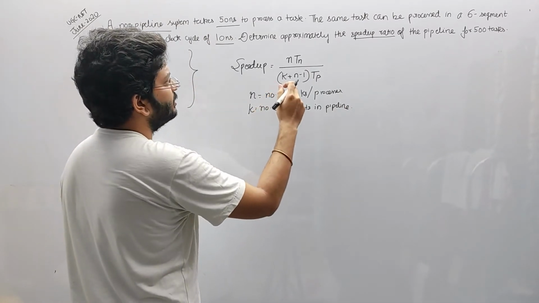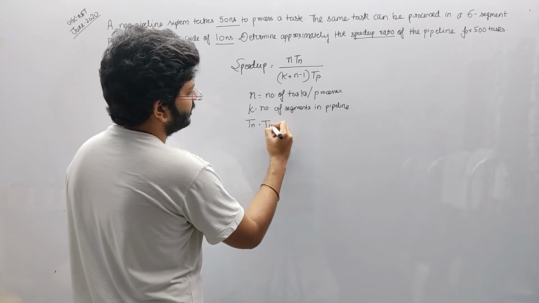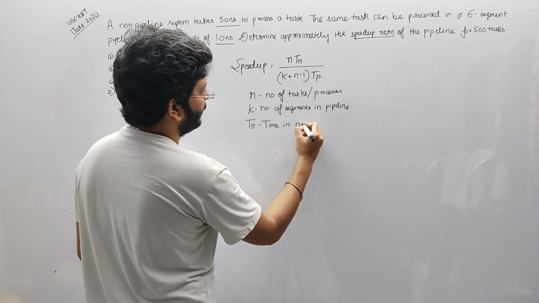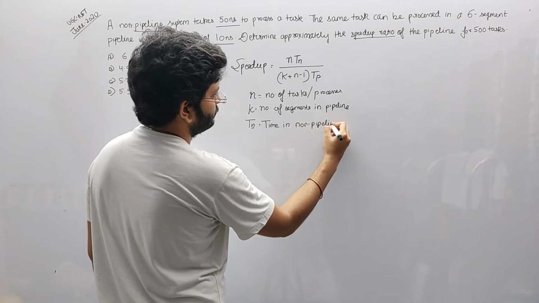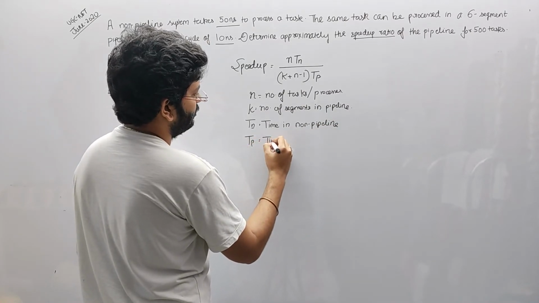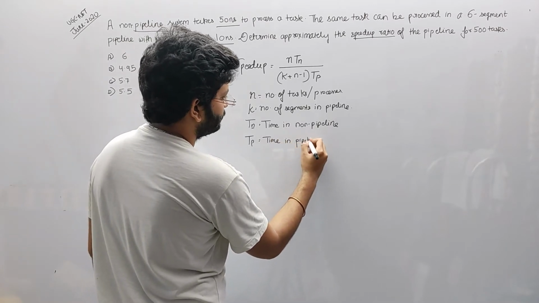Tn is the processing time or execution time in the non-pipeline system, n for non-pipeline system, and Tp is the time in case of the pipeline system.